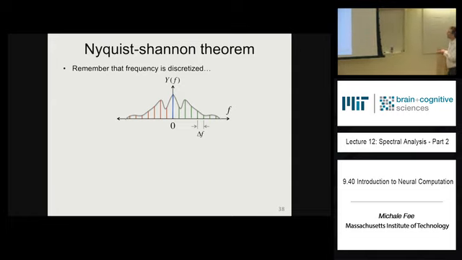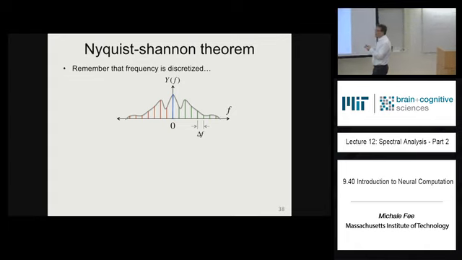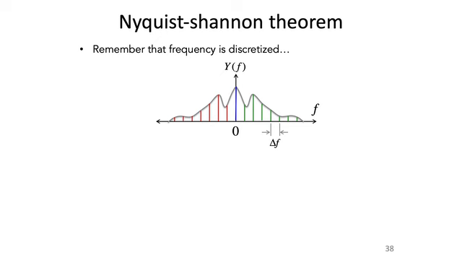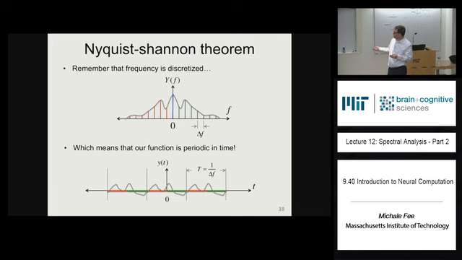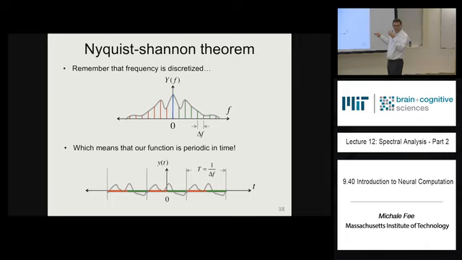All right, so remember that when we have discrete Fourier transforms, fast Fourier transforms, our frequencies are discretized, right? And so is our time. But the discretization in frequency means that the function is periodic, right? Any signal that has discrete components in frequency is periodic in time.